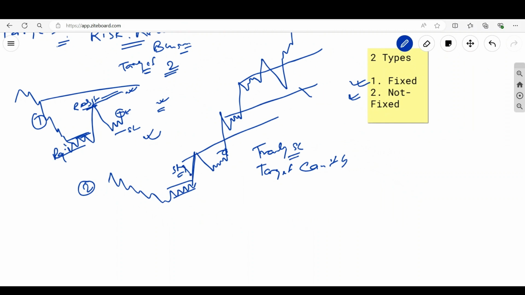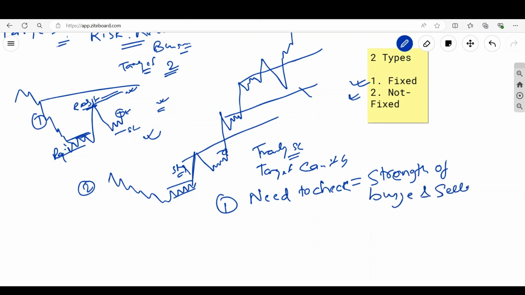The first thing you need to check is the strength of buyer and seller. If you check the strength of buyer and seller, you will be able to find the target.